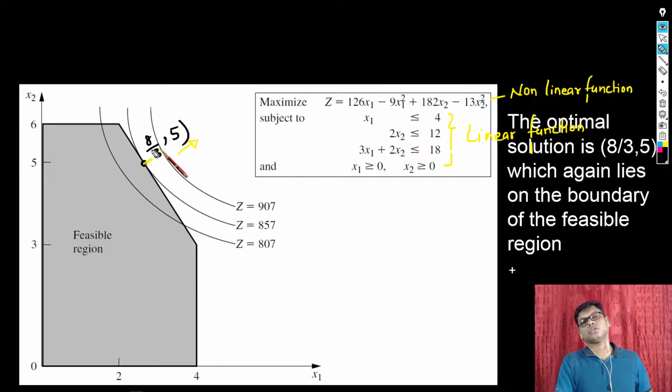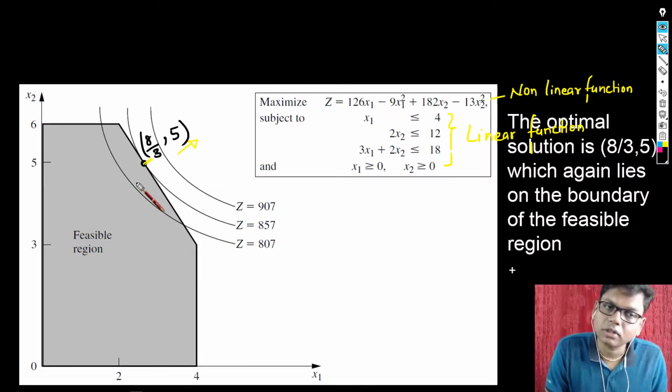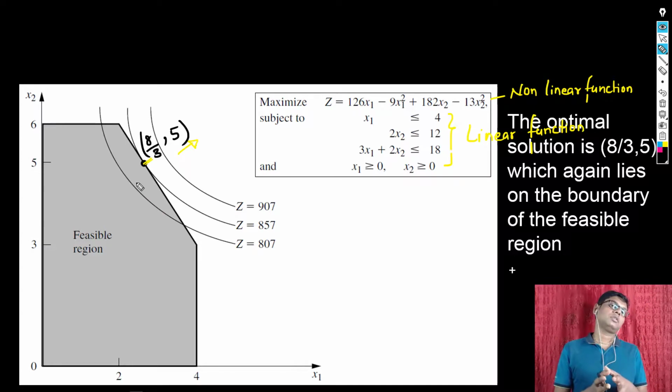So this is the solution. Okay, so still this is lying in the feasible region. Obviously this is not a corner point. So different kinds of problems may come.